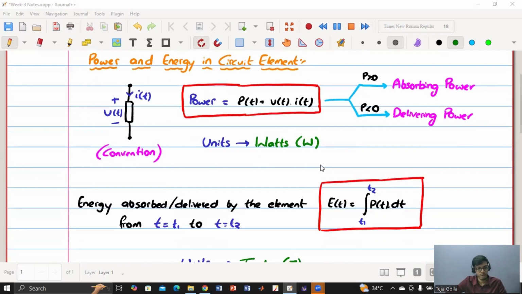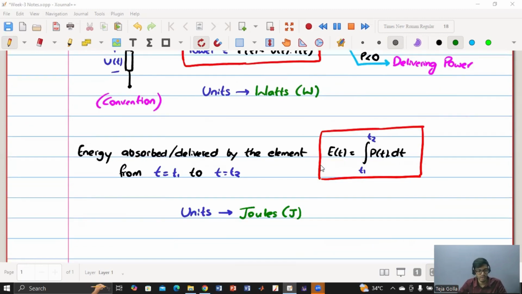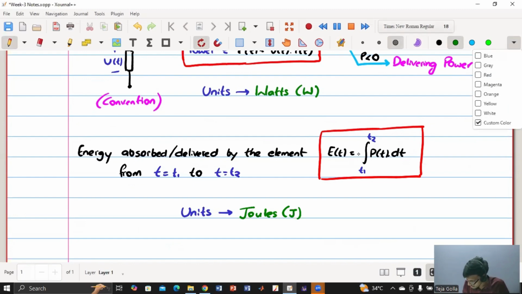The units of power are watts, and energy absorbed or delivered by this element from a certain time to another time is just the integration of power with respect to time in the specified time interval, and the units of this energy are joules. 1 joule is equal to 1 watt second, because energy is power multiplied by time.